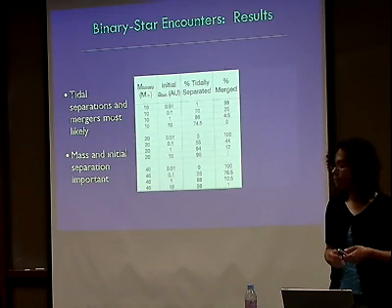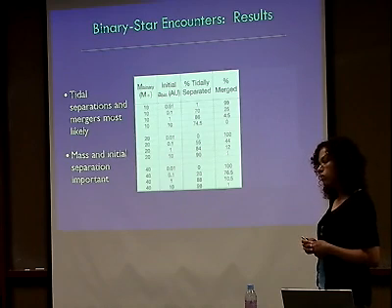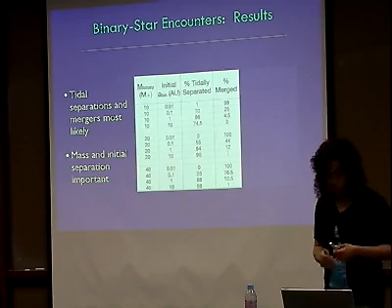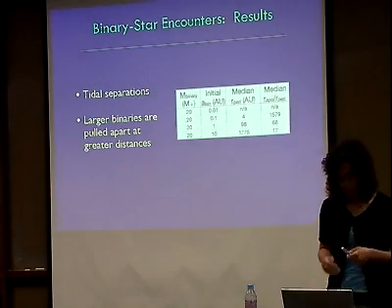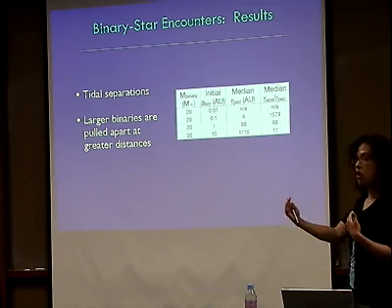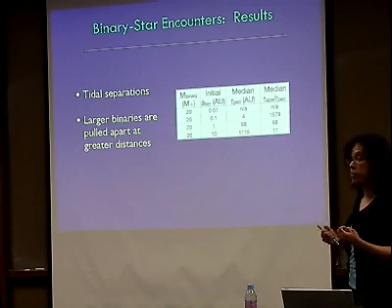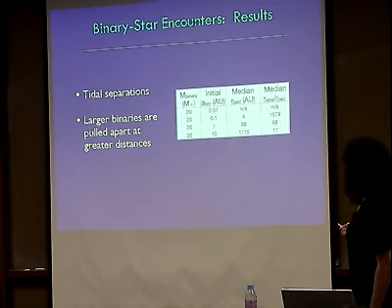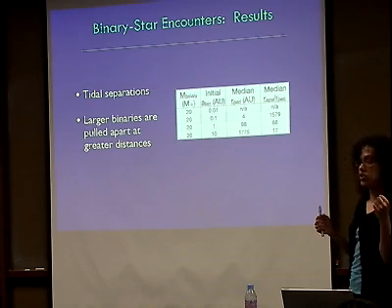And when they're tidally separated, does one of them almost always get captured by the supermassive black hole? Yes. In fact, we see here, the size of the binary determines how far away it is when the supermassive black hole tidally separates it. So that's what this column is here. The pericenter distance is the point at which it's separated.